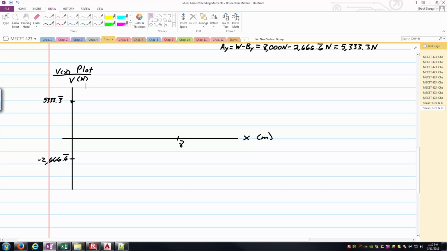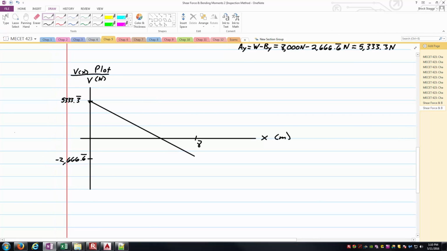How about we try to make an actual line? That might give us a little bit of luck. There we are. And so there's our line. One of the relationships that we'll talk about more in a later video is something like dV/dx is equal to negative w.